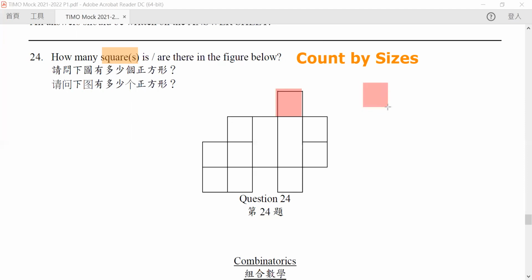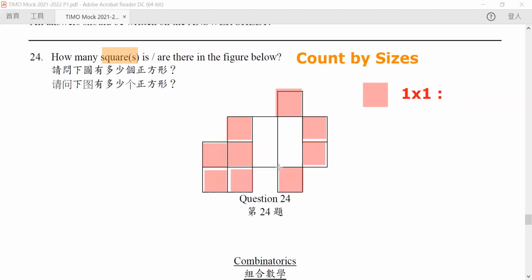How many squares of this size are there? It would be one by one. This is so-called one by one. How many squares are there which are one by one? So there will be one in here, there will be 1, 2, 3, 4, 5, 6, 7, 8, and 9.